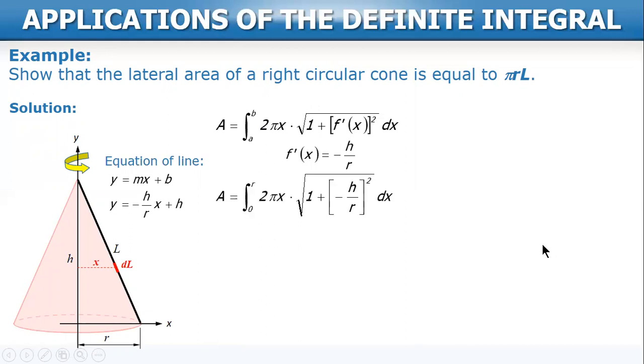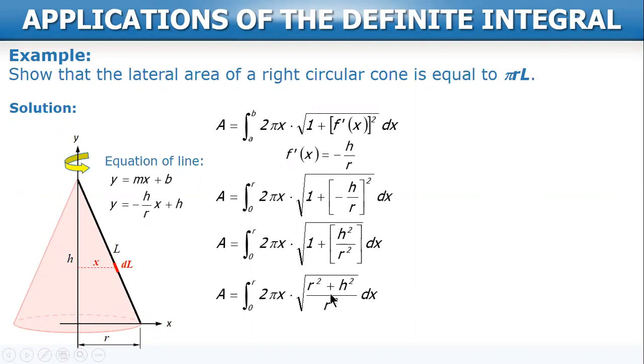Okay, so our limit for x is 0 to r. So, 2 pi x only, no need to change this one since we only have dx. And then square this, and then we get the LCD. Now, you will notice that by the Pythagorean theorem, r squared plus h squared is actually L squared.